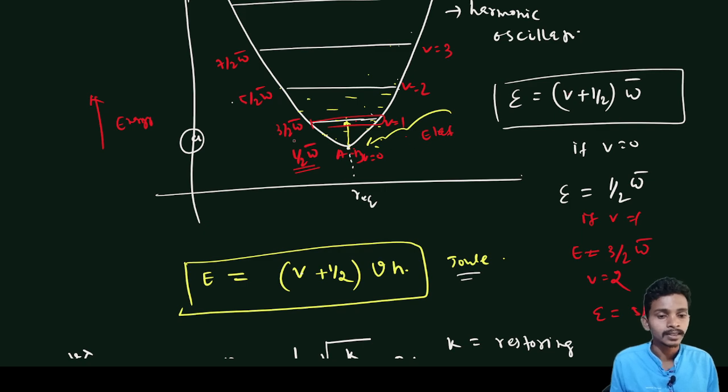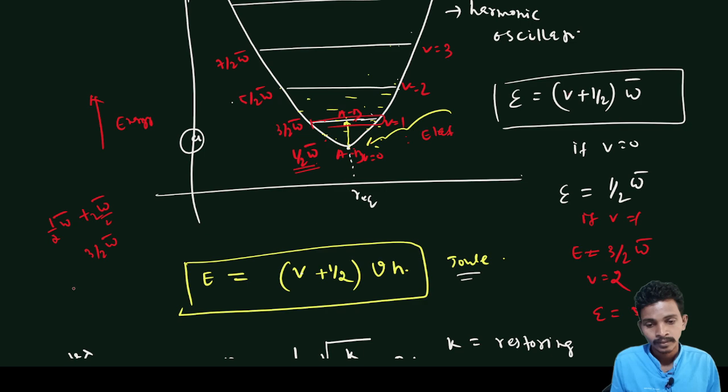So let's say this is 1 by 2 omega naught, and if we give electromagnetic radiation of energy omega naught and it absorbs omega naught, then how much energy will it have? That is 1 by 2 plus 1, that is 3 by 2 omega naught. Then it absorbs this electromagnetic radiation and shifts to this energy. The vibrating molecule goes up to here.